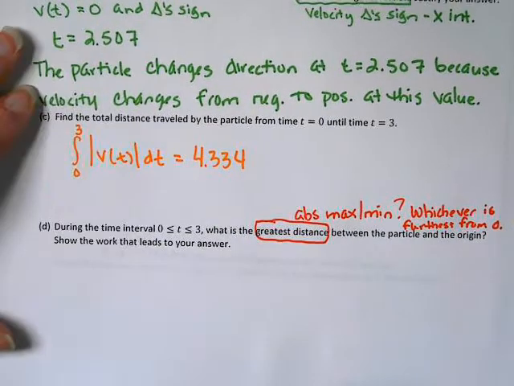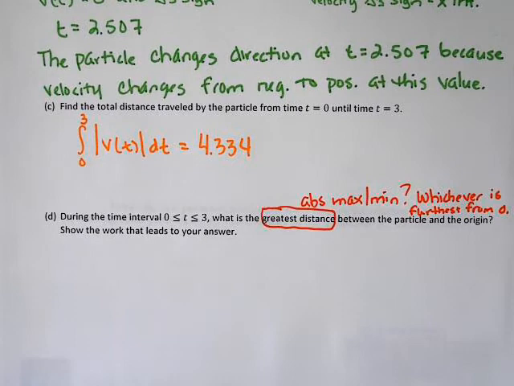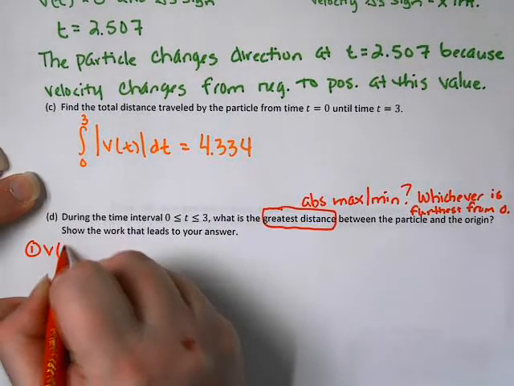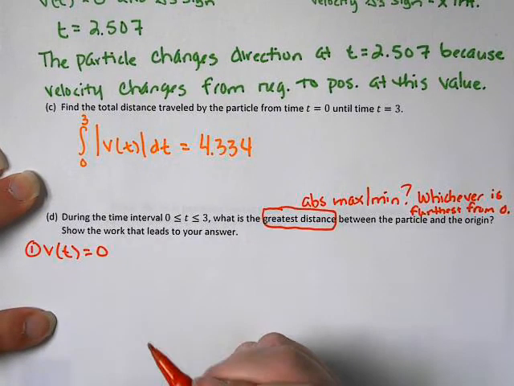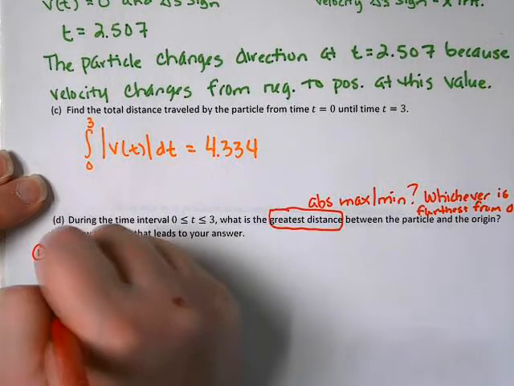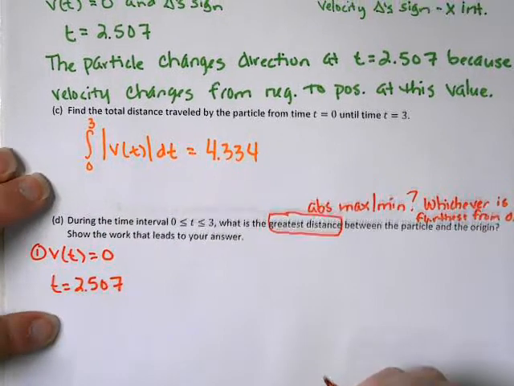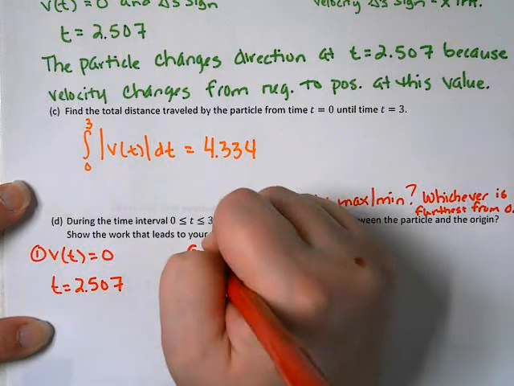We know that in order to find an absolute max or min, we need to know where the first derivative is equal to 0. So the first part is to figure out where v of t is equal to 0, because those are our critical values. Well, we already found that in part B. At time t equals 2.507, the velocity is equal to 0. Then the second thing we need to do is make our options chart.